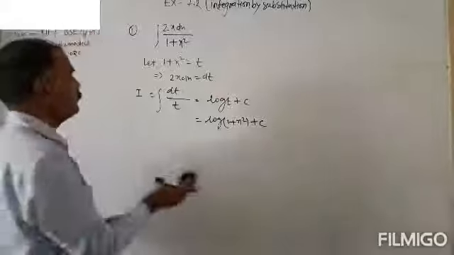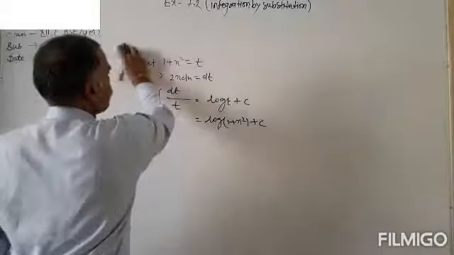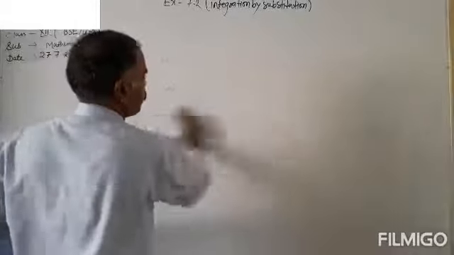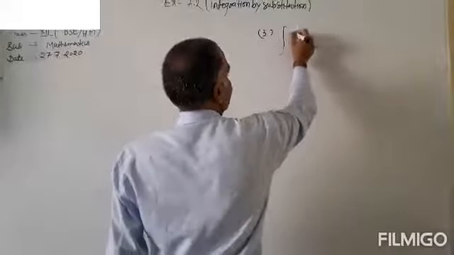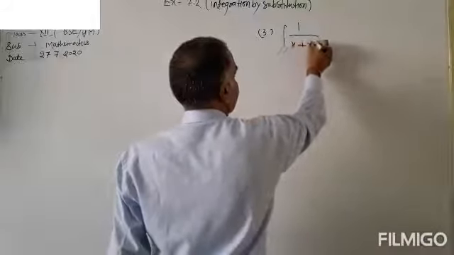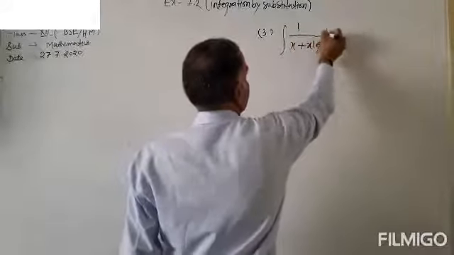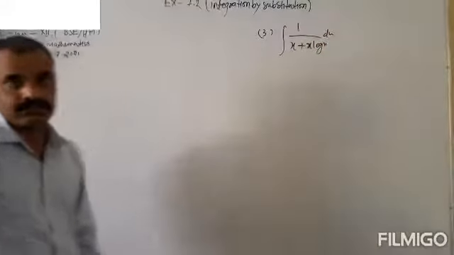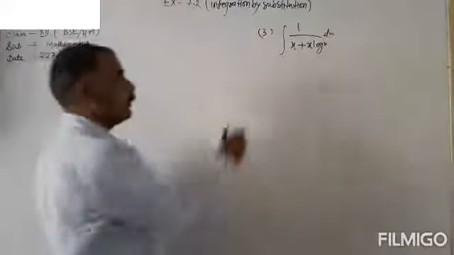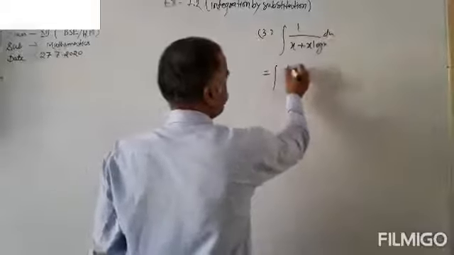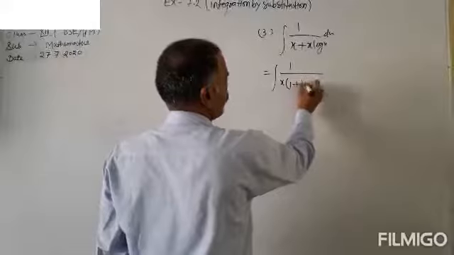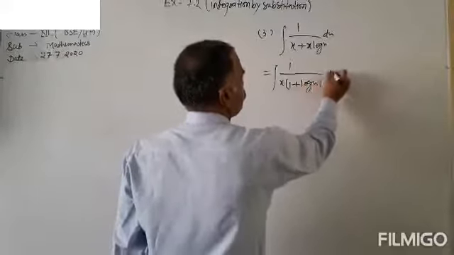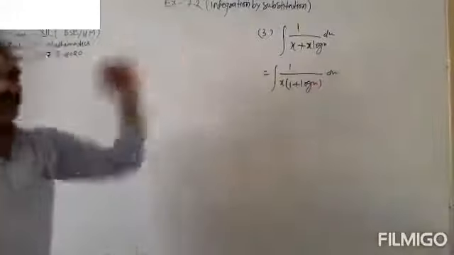Now let us take question number 3 of the same exercise. Question number 3 is to integrate 1 upon x plus x log x dx. After changing the form of this function, taking x as common, we have 1 upon x into 1 plus log x dx.